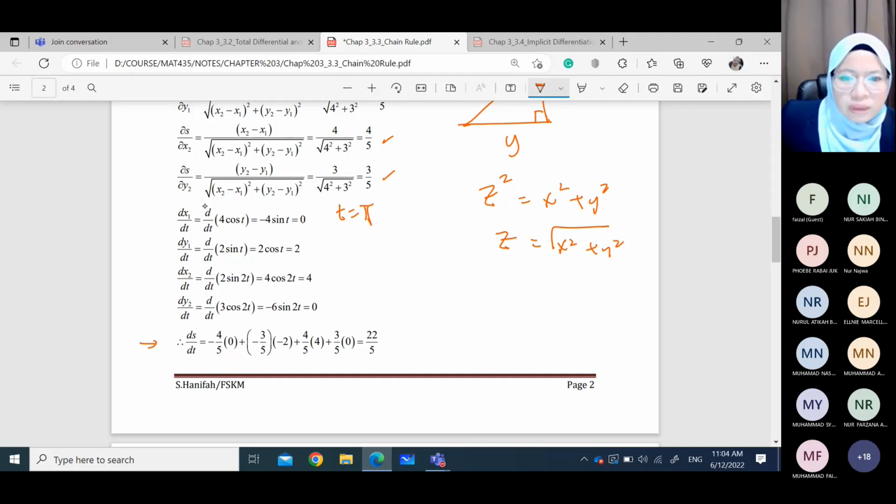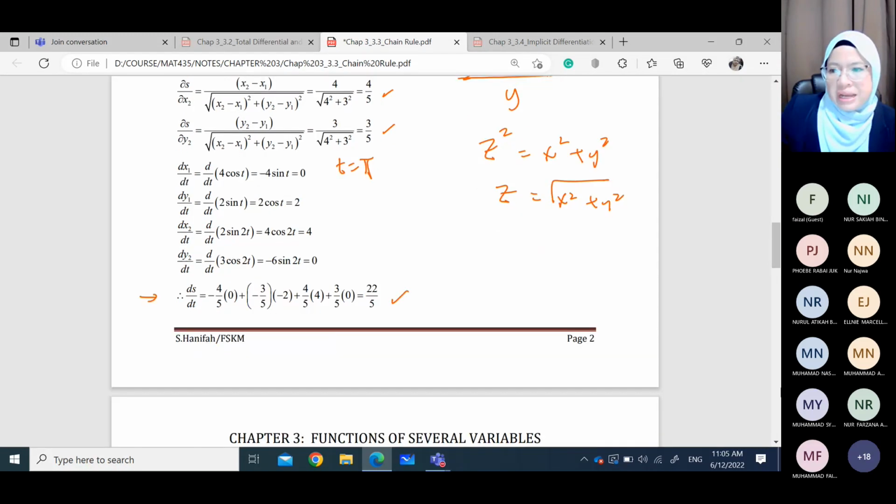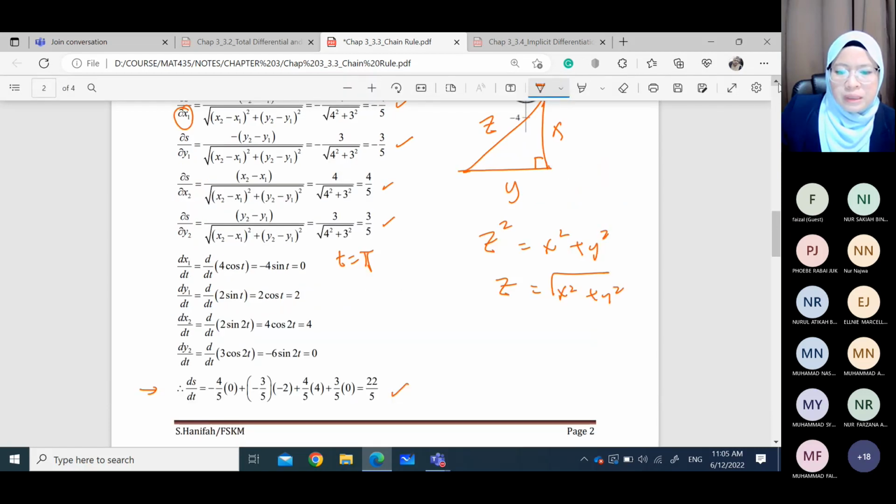Lastly you just put it into the formula and we have this value. Therefore, the rate of change of distance at any time t is 22/5. That is the rate of change of distance at any time.